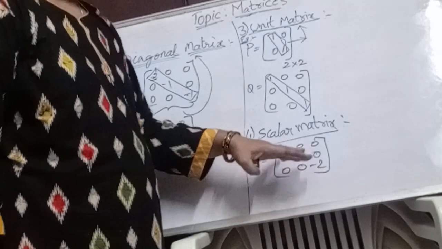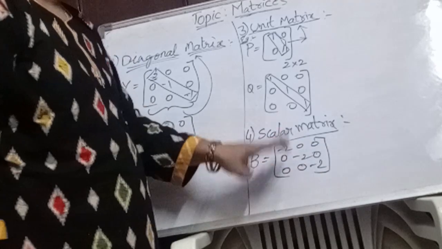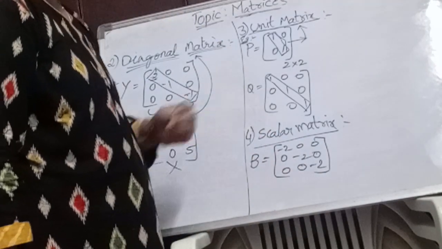In the same way, if the principal diagonal has the same number, that type of matrix is called a scalar matrix.